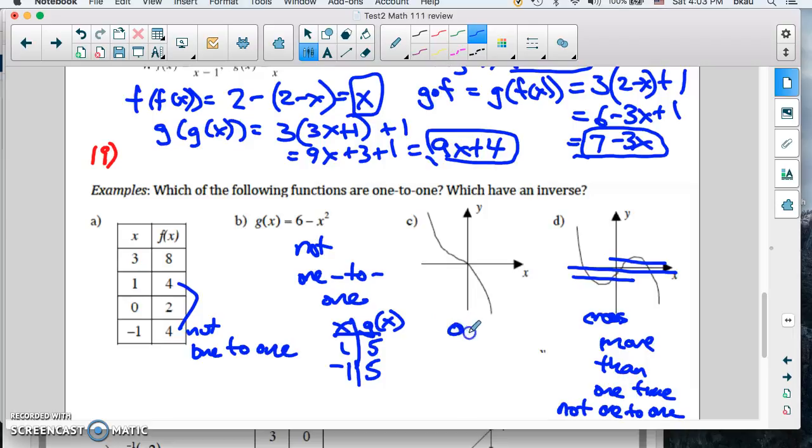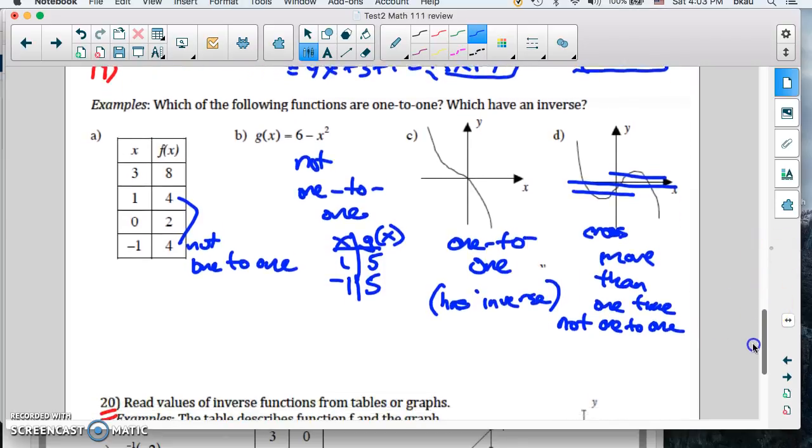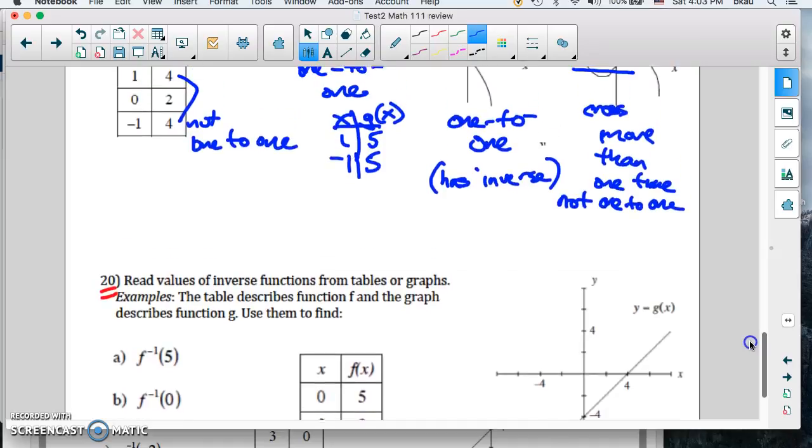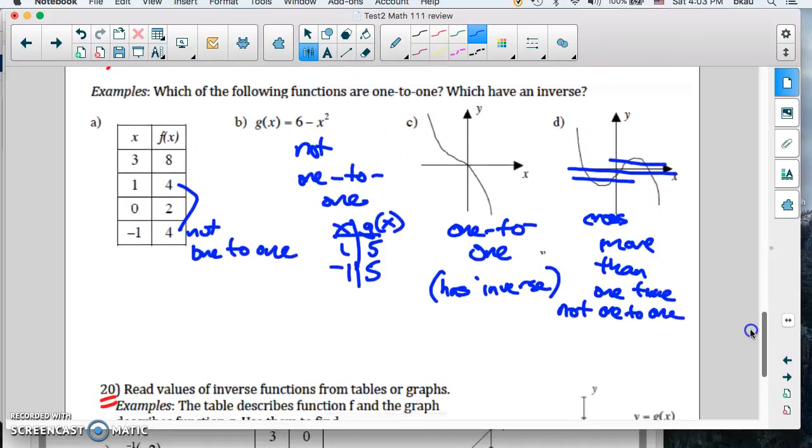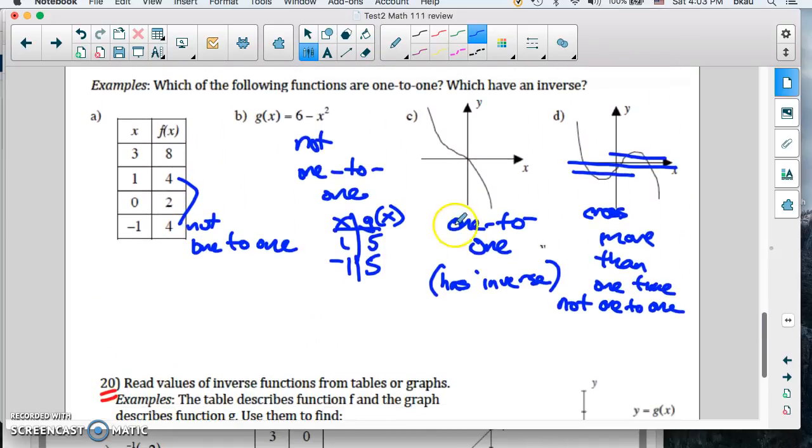This is 1 to 1. So the only one in this thing that is 1 to 1 is this graph right here. So this is the only one that has an inverse without changing the domain. We would have to change the domain on the other ones in order to have the inverses happen.